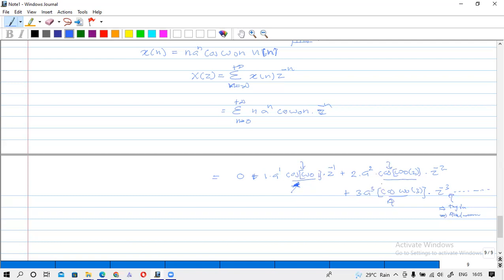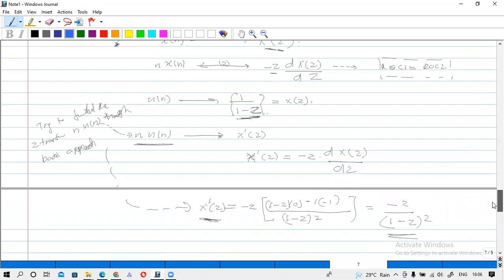So this approach is not preferable, because we have a power series, and analyzing this power series sometimes may be more difficult than analyzing this signal. If we have a compact form, then we can analyze it.